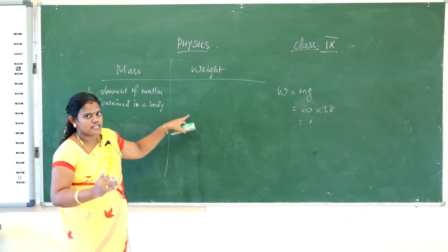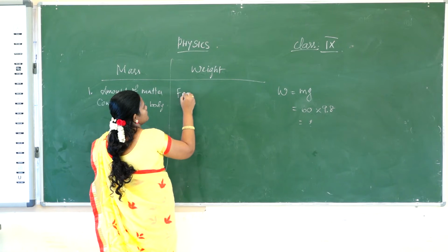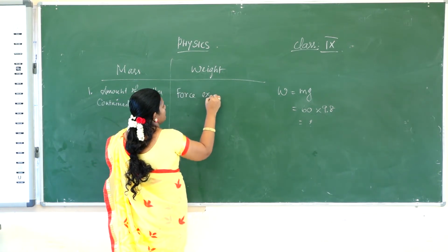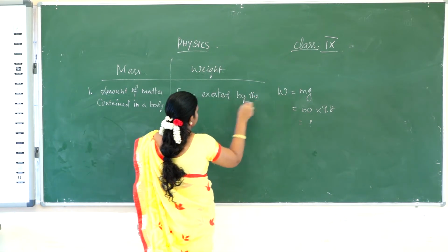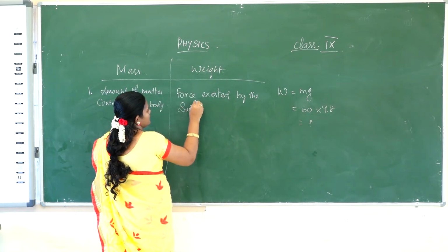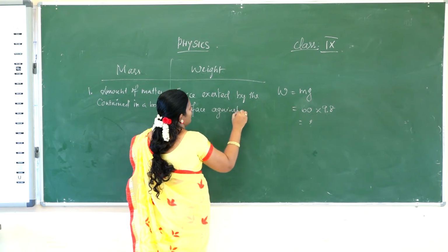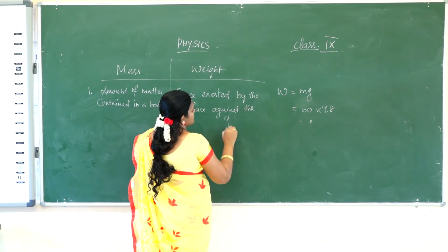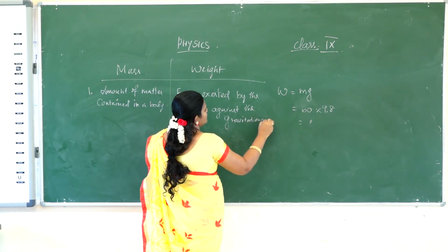So weight is the force exerted by the surface against the gravitational pull. This is the first point.